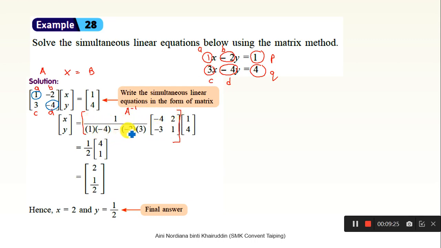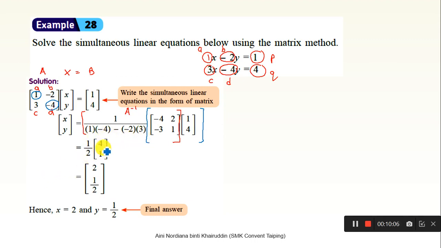For solving this, you can use any method. What I mean is, you can first calculate the inverse matrix, then only multiply with 1 over 4, or you can multiply these two matrices first, then only multiply with 1 over ad minus bc.